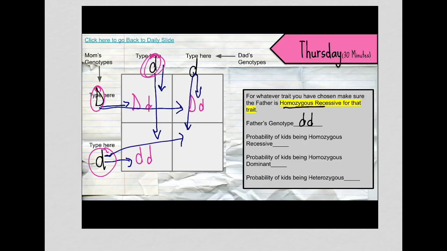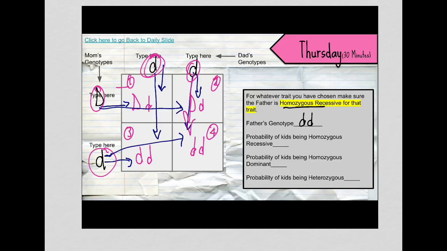So that is a lowercase d, and again a lowercase d, because this one came down here, okay? So these are all of my possible genotypes for my kids. So kid 1 can have this one, kid 2 can have this one, kid 3 will have this one, kid 4 will have this one.